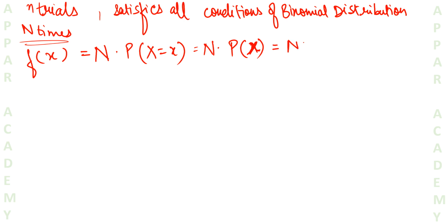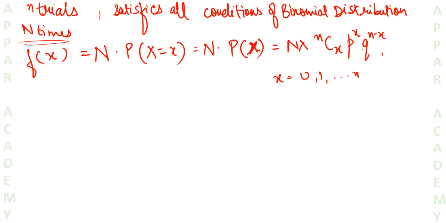This is N into nCx p to the power x q to the power n minus x, such that x is equal to 0, 1 till n number of successes in each trial. Here n is the parameter, p is another parameter, that is the probability of success, and q is the probability of failure, that is 1 minus p.